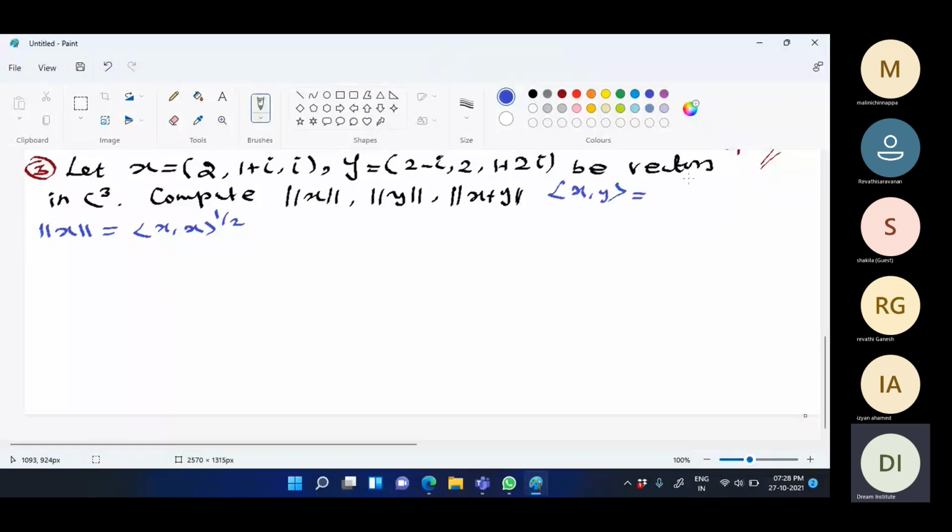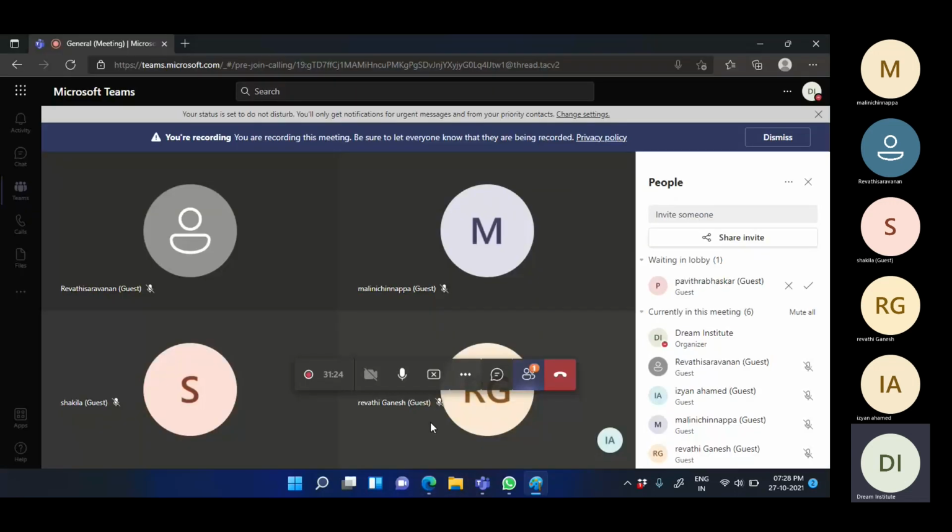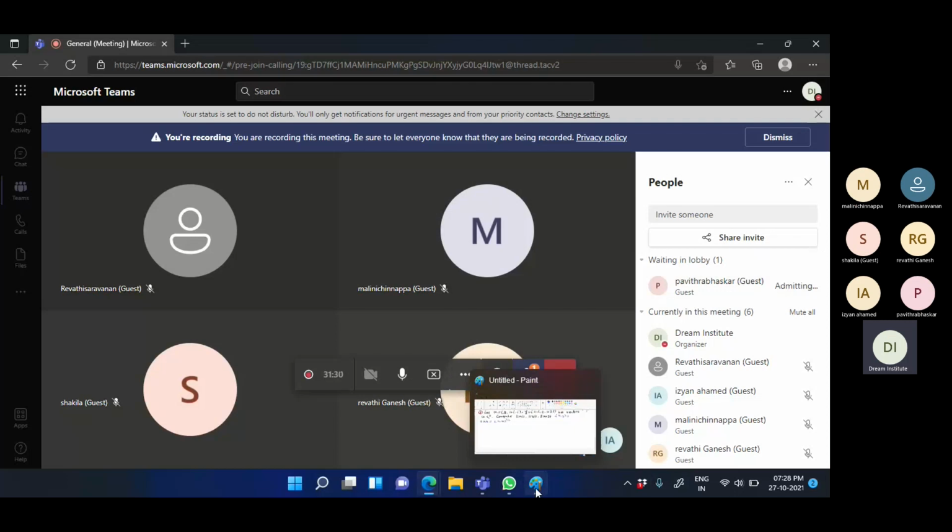Suppose the inner product x comma y means, in the previous question, they defined f comma g as the integral from 0 to 1 of f of t and g of t. But here they are not given properly, so we need to find it. What is the basic term?